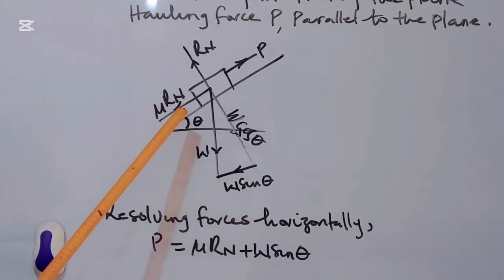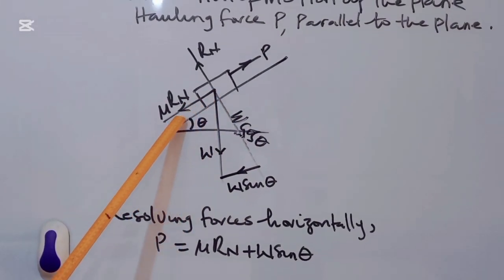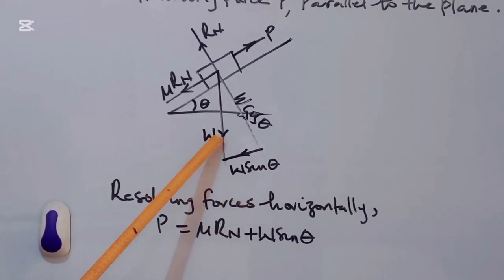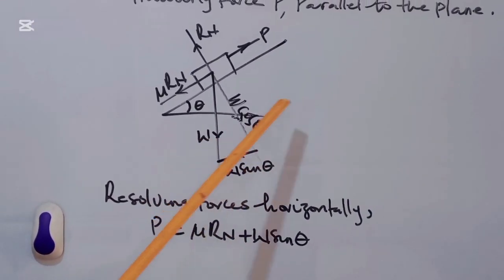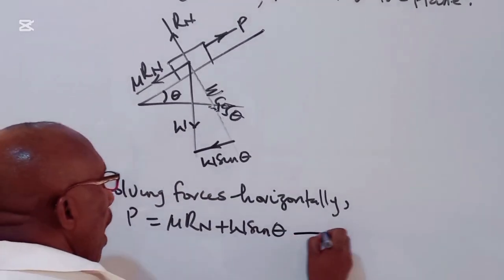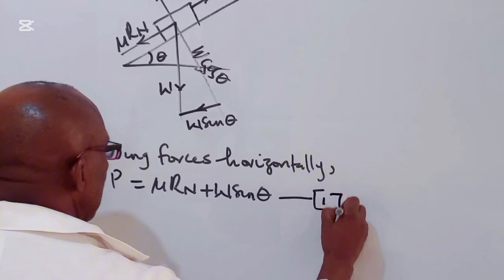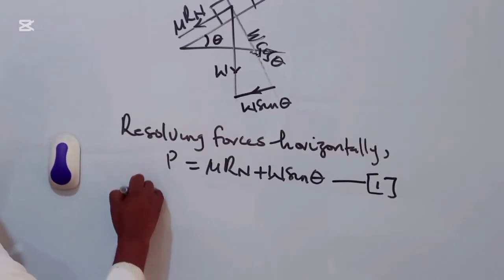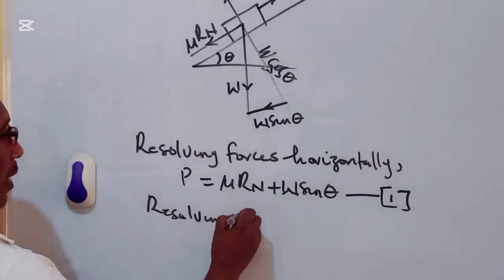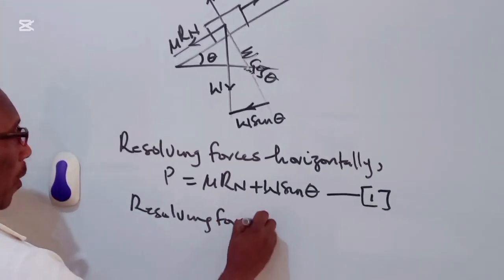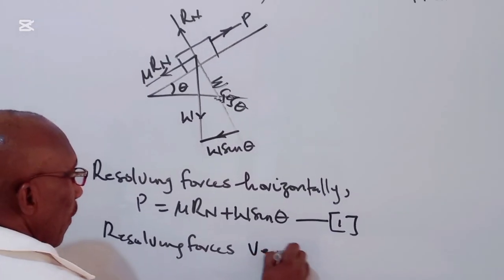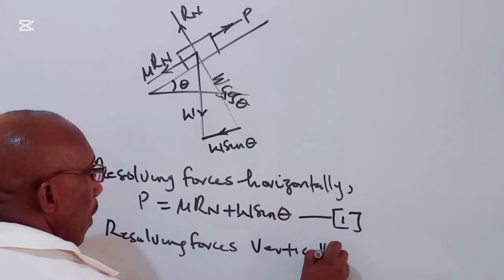Now it's being opposed by the force of friction, mu Rn plus W sin theta, the component of the weight acting parallel to the plane. Are we there? So let me call this equation number 1. Then we resolve the system of forces parallel to the plane, or vertically, alright?